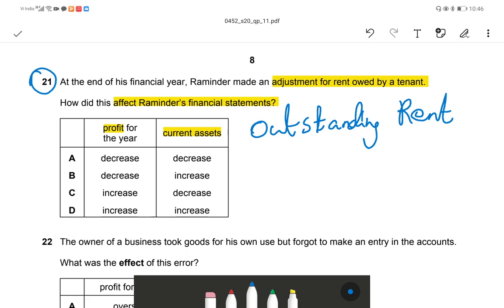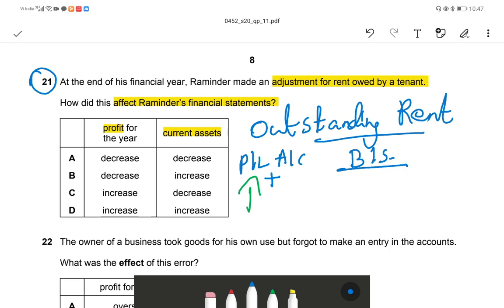All the outstanding expense or income we add in the profit and loss account. Income or expense we add in the profit and loss account or income statement. So outstanding rent we add with the income, it increases the profit of the business. Next, in balance sheet, outstanding expense is the liability, outstanding income is the asset.